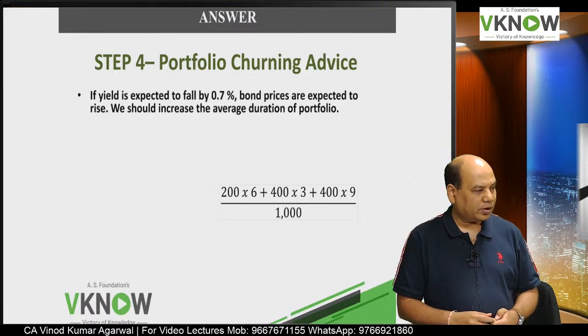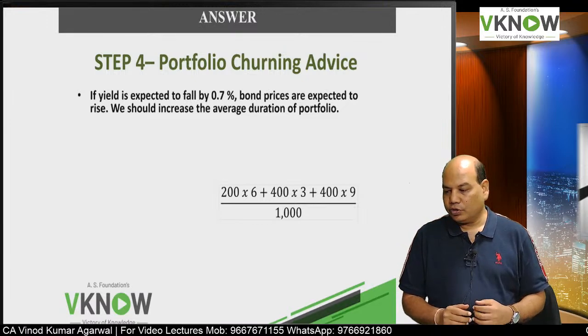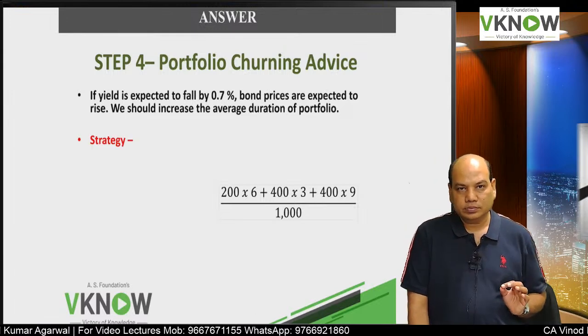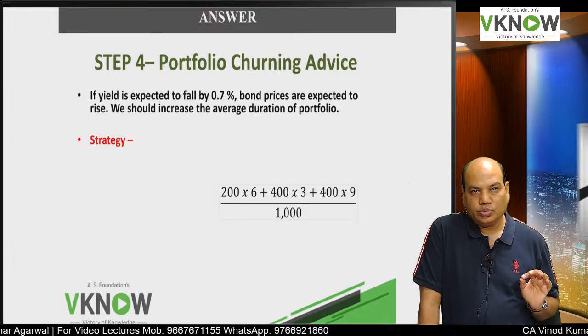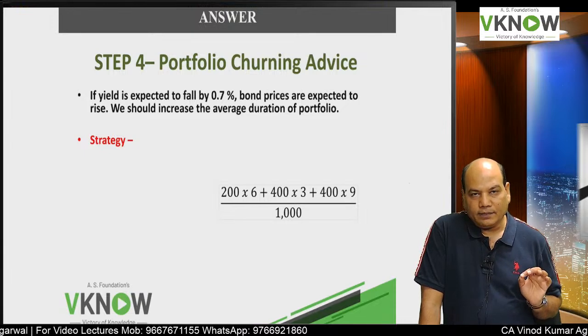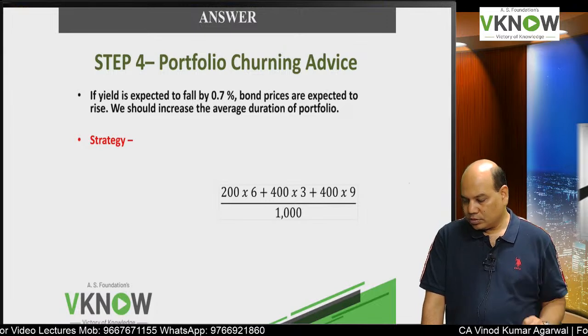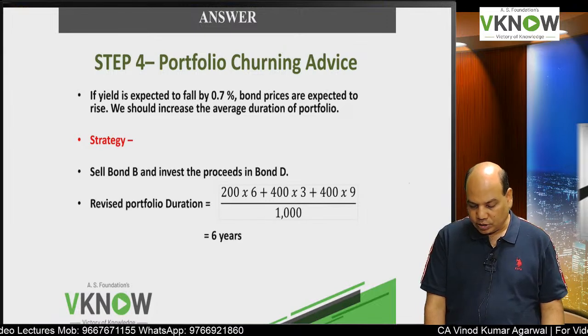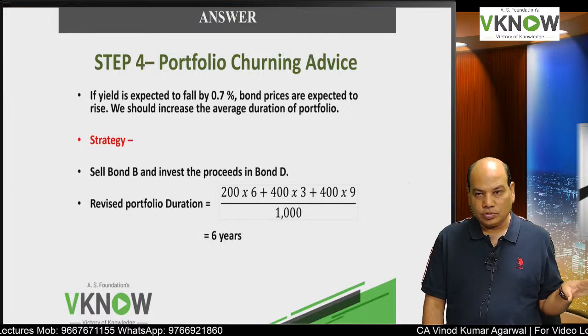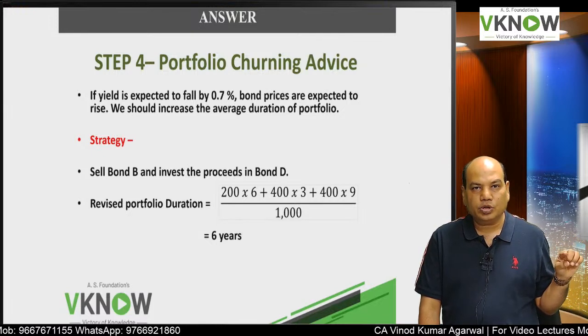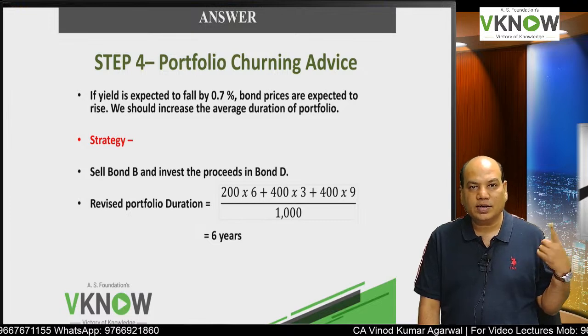Therefore, we should increase the average duration of the portfolio. As you know from the earlier example also, we'll sell the bond which has lowest duration and buy the bond which has highest duration.